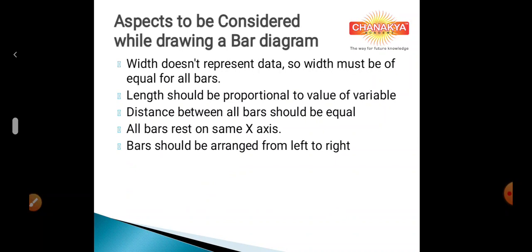So let us start with the aspects that we need to consider while drawing the bar diagram. So what is the bar diagram? Bar diagram means when we are representing the data with the help of different bar on the graph papers.